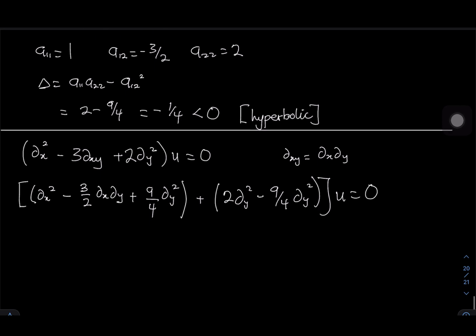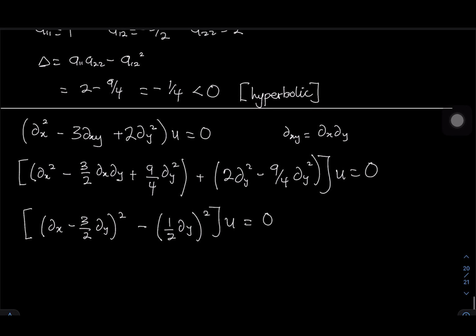Now we know this can be written as (del x minus 3 over 2 del y) all squared minus, when you simplify the entire thing, (1 over 2 del y) all squared. That's just some algebra you can do.